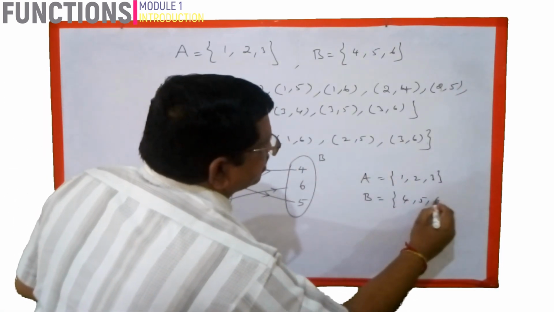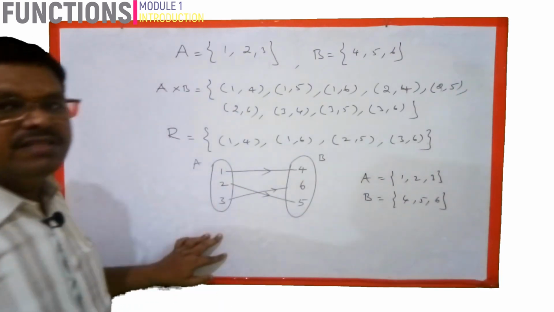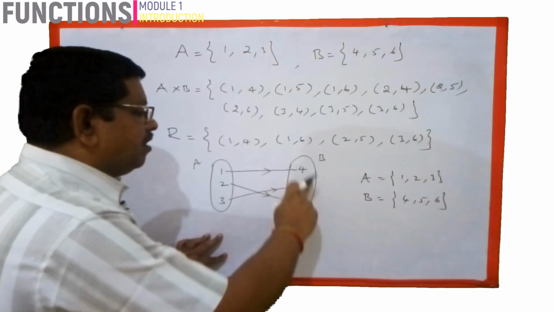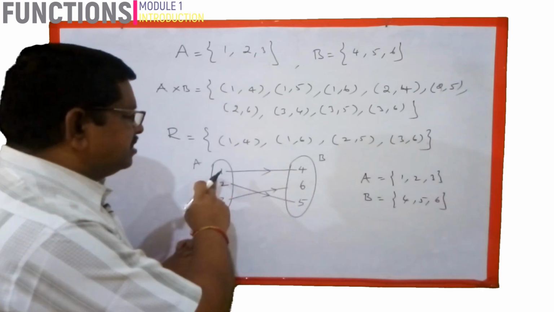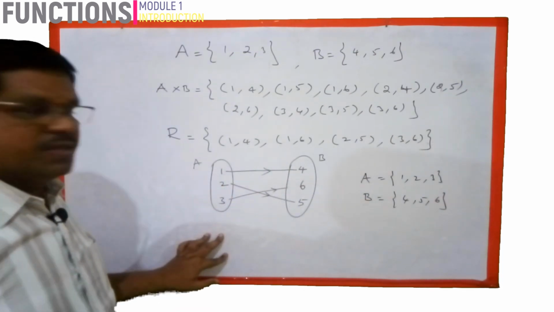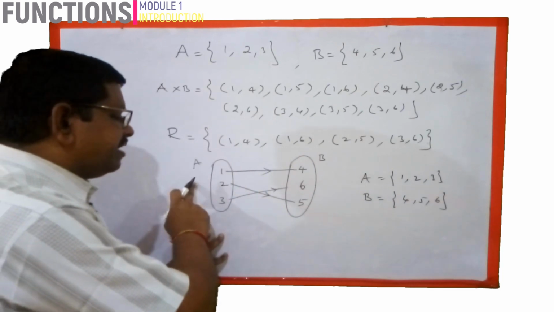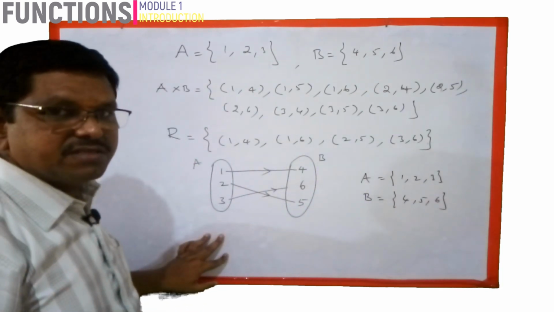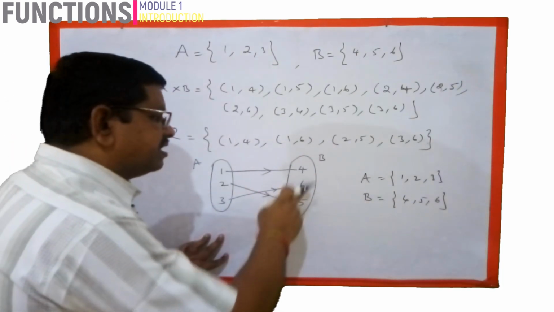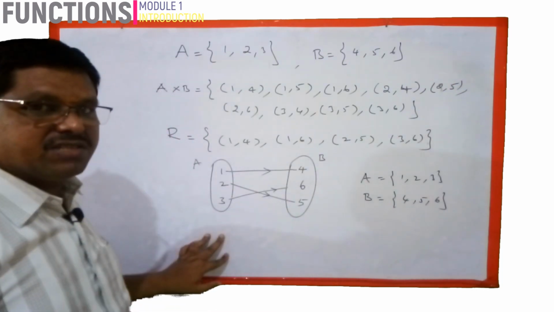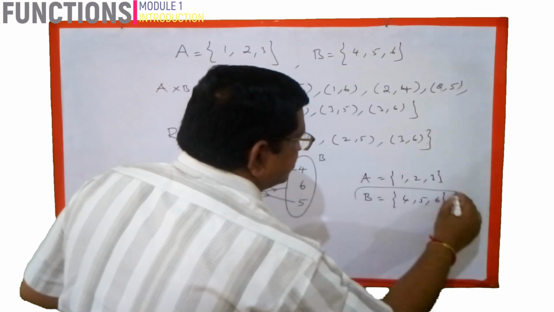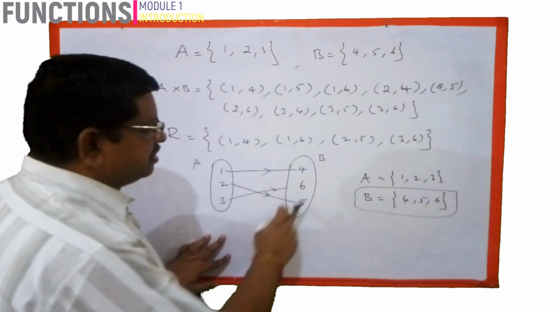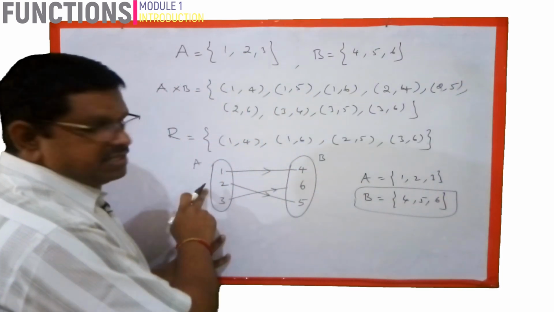Set B is called the range, because all the elements present in set B have pre-images in set A. The elements present in set A are called pre-images, the elements present in set B are called images, and set B is otherwise called the range because all these elements have pre-images.